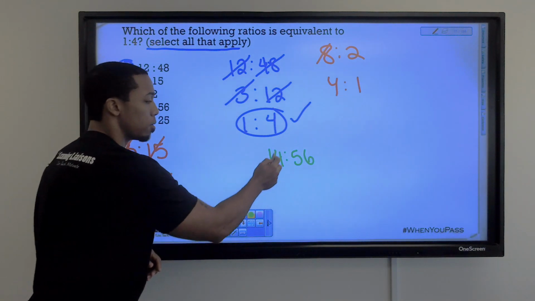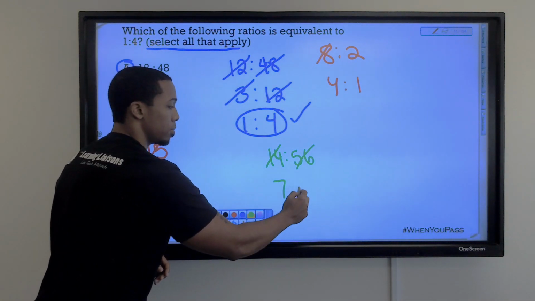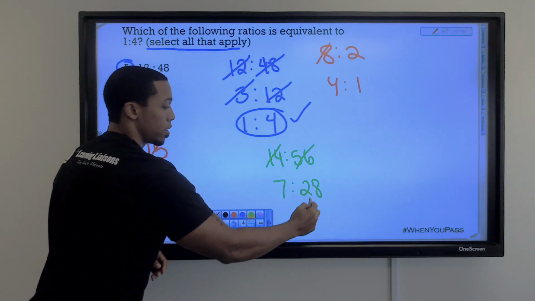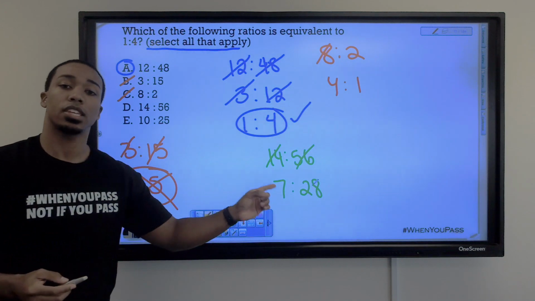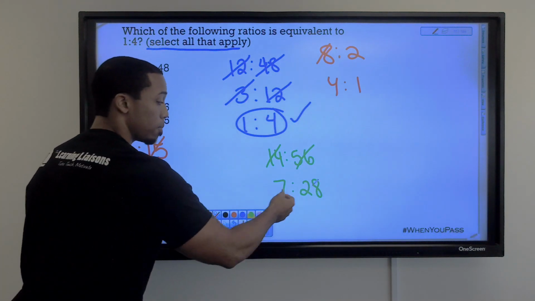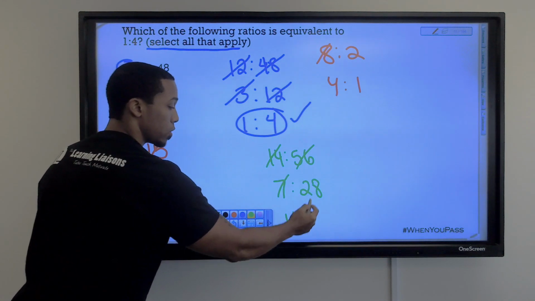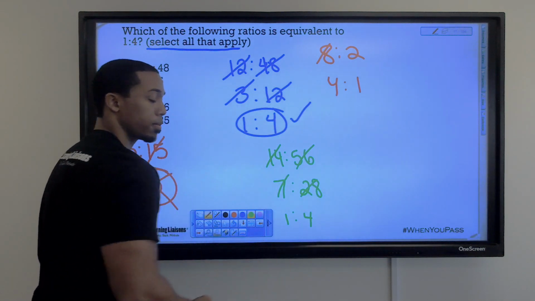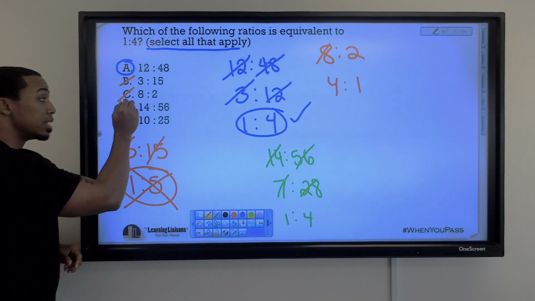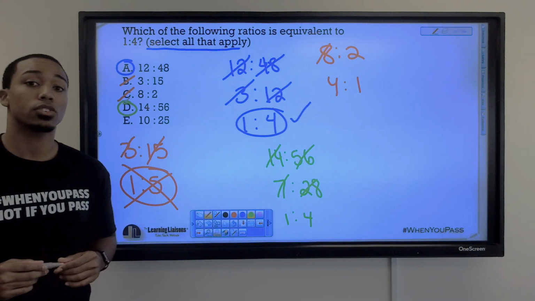Both even numbers, divide them both by 2. 56 divided by 2 is 28. This is great. I already know that this is the answer because 7 times 4 is 28. If I divide both by 7, that's 1 to 4, because 28 is 4 times 7. So D is an answer choice.